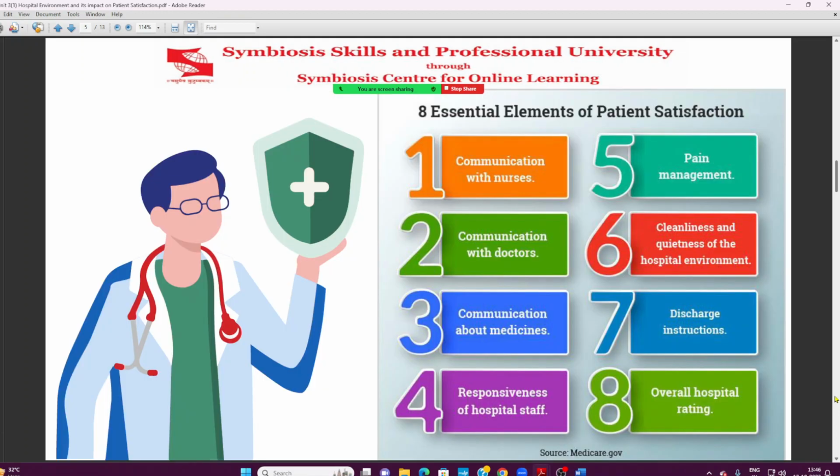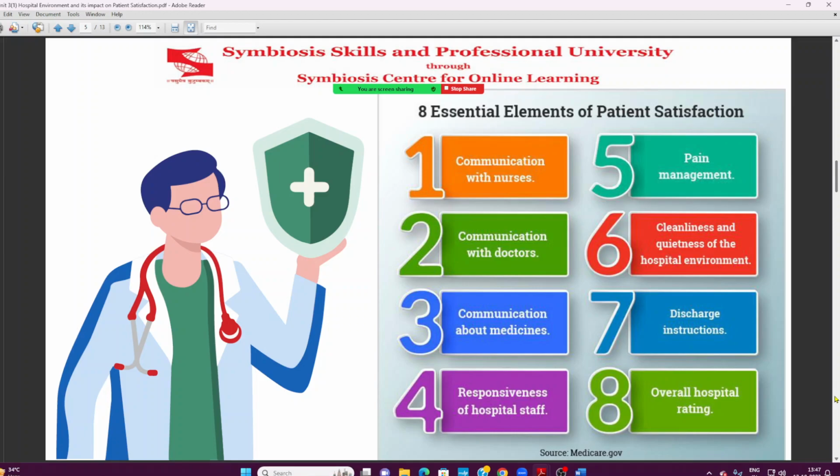So, 8 essential elements of patient satisfaction. Now, when will the patient get satisfied? Simple answer: if he or she recovers fast. I've used two keywords last time: efficiency and effectiveness. Effectiveness talks about less defects, less wastage, cost, and efficiency talks about speed. Efficiency is the time between when the patient is admitted and when he or she is discharged.